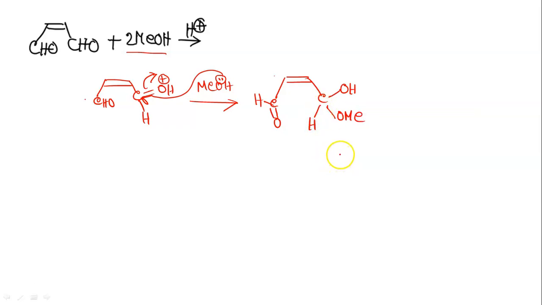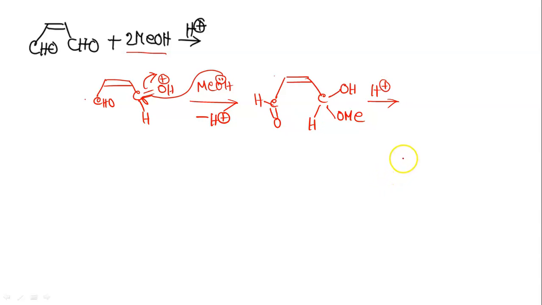Now normally that is the single step. Normally what we see is that in the next step there will be protonation of this OH. So first of all I will write what is the normal case, then I will write the actual case of what is happening.